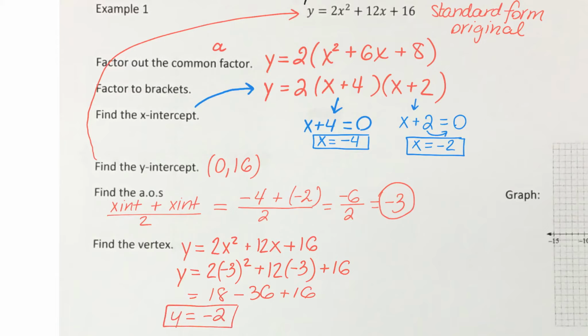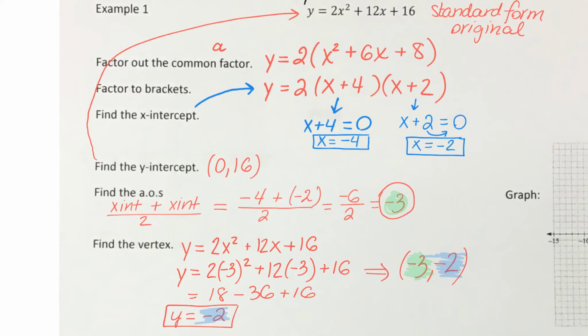So the y is negative 2. Therefore, my vertex is at negative 3, negative 2. In case you don't have that down yet, the axis of symmetry is what gave me the x of the vertex. The y I plugged in and found.